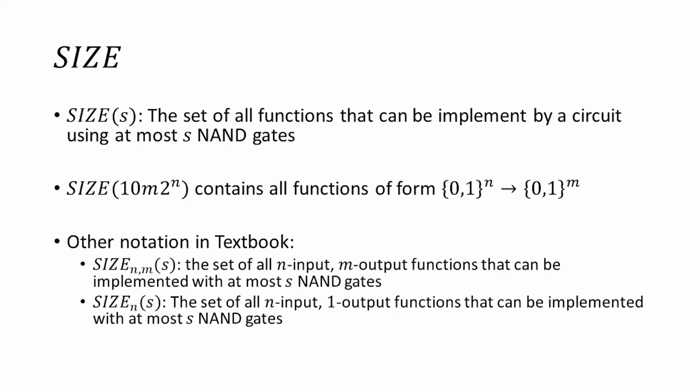If you see 2 subscripts, so maybe size n comma m, where n and m are the subscripts, that restricts it to only the n input and m output circuits that require S or fewer NAND gates. So when we look at size sub n of S, where we just have that single subscript n, that's saying that the number of input bits is n and the number of output bits is 1. So that's all the n input, 1 output functions that can be implemented in S or fewer NAND gates.